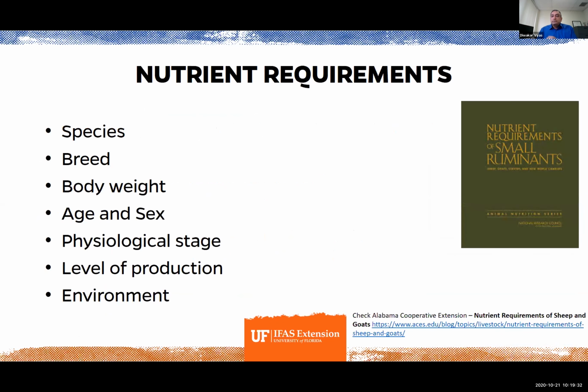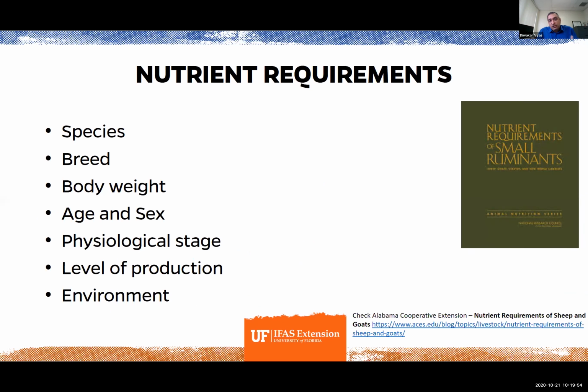Okay, so in the course of this presentation, the nutrient requirements that I will be mentioning are coming from Nutrient Requirements of Small Ruminants. This came out in 2007, and it provides nutrient requirements for sheep and goat at different physiological stages.